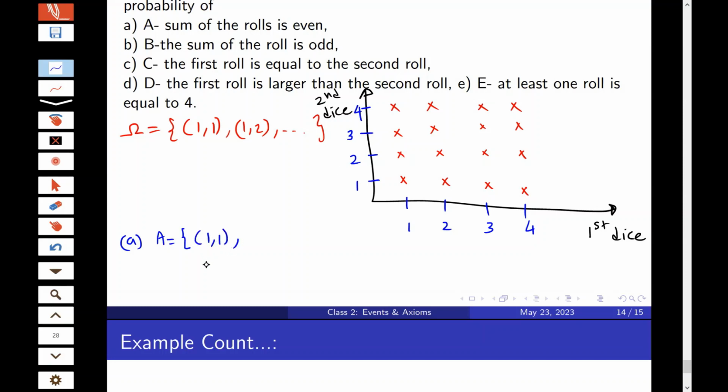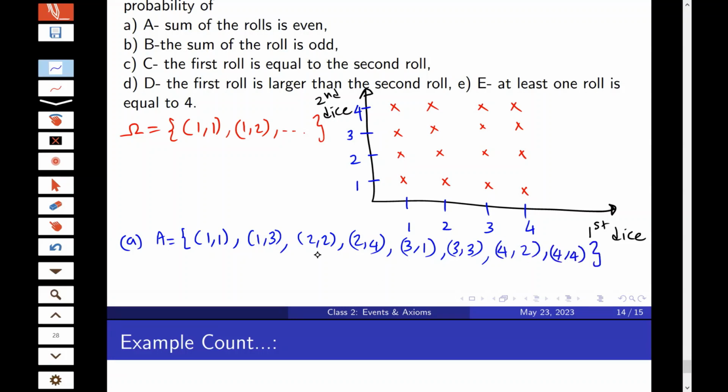If you add this 1 1, you will get 2, which is even. Or 1 3, you will get an even number if you add 1 plus 3. And similarly, you will get 2 2, 2 4, 3 1, 3 3, 4 2, and 4 4.